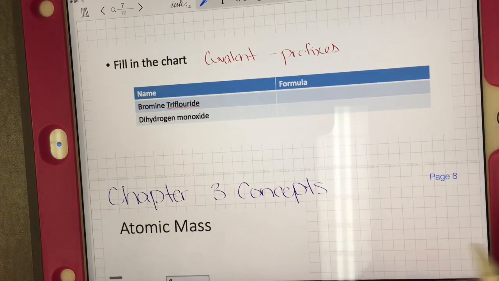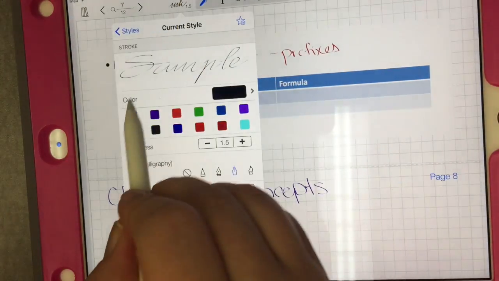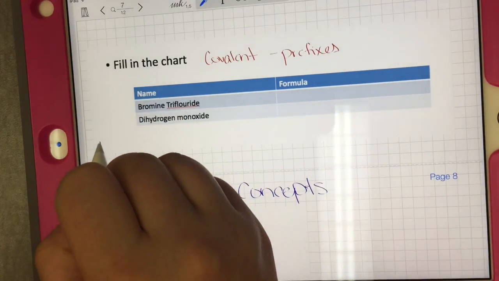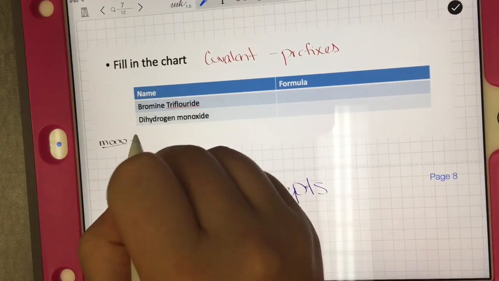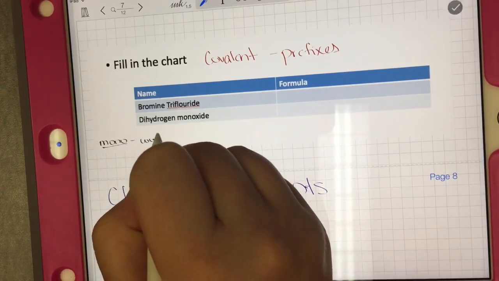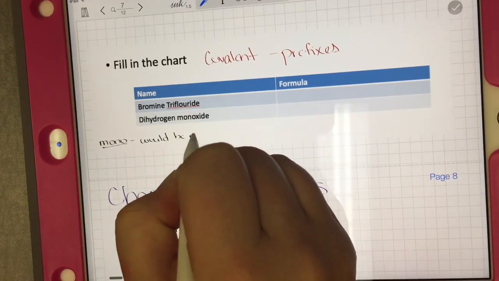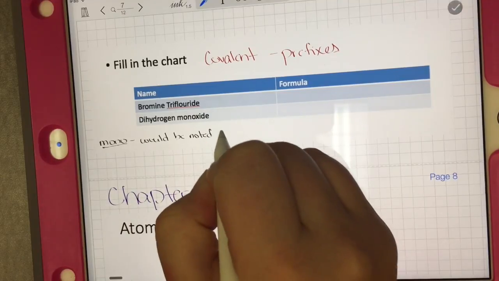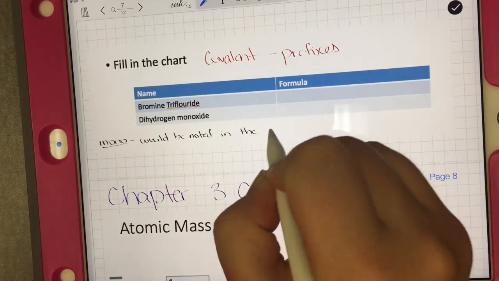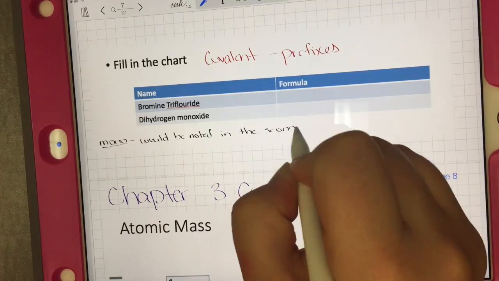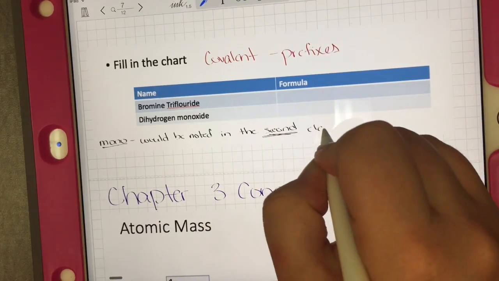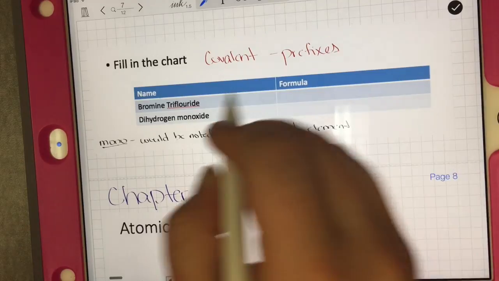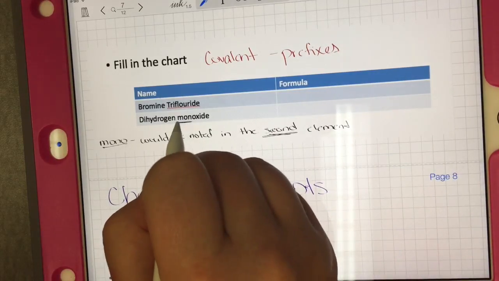One thing to note is that with mono, the chemistry gods, for whatever reason, decided that mono would be noted in the second element.